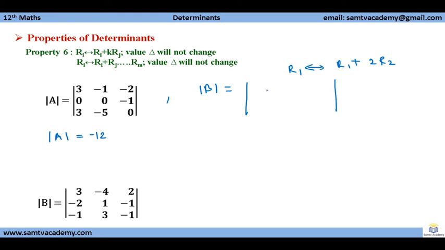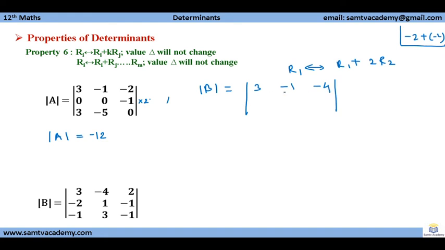Multiplying 2 in this, we get 0 0 minus 2, so 0 is added with 3, so it will give 3, minus 1 and plus 2, and 2 minus 2 plus of minus 2 is going to be minus 4.